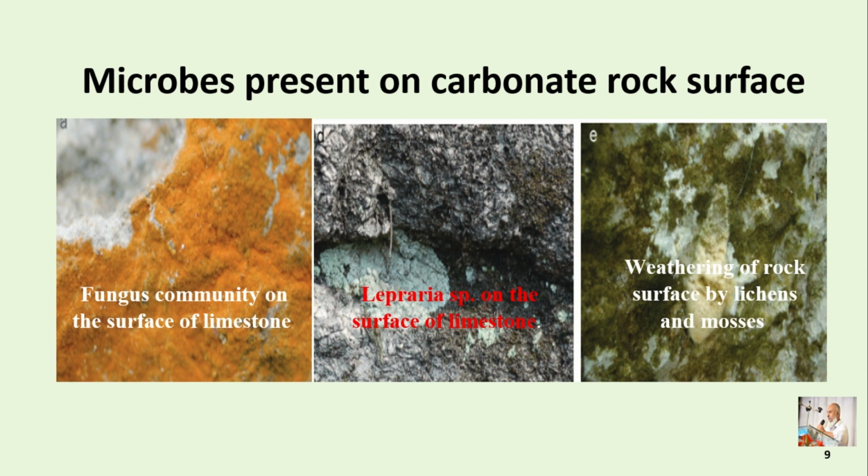Here you can see the blackish colors. This is Lepraria on the limestone. This is fungus growing on a limestone. And this is a lichen again, and mosses growing on the limestones. All of them are microbes, or a combination of microbes. So this is how they cause weathering.